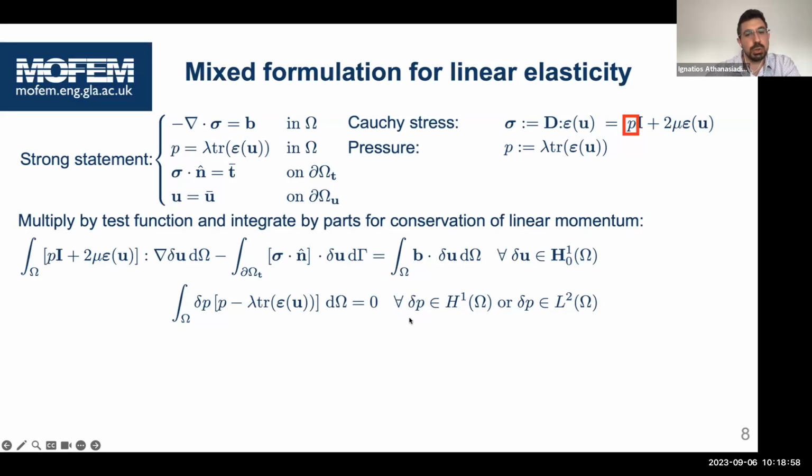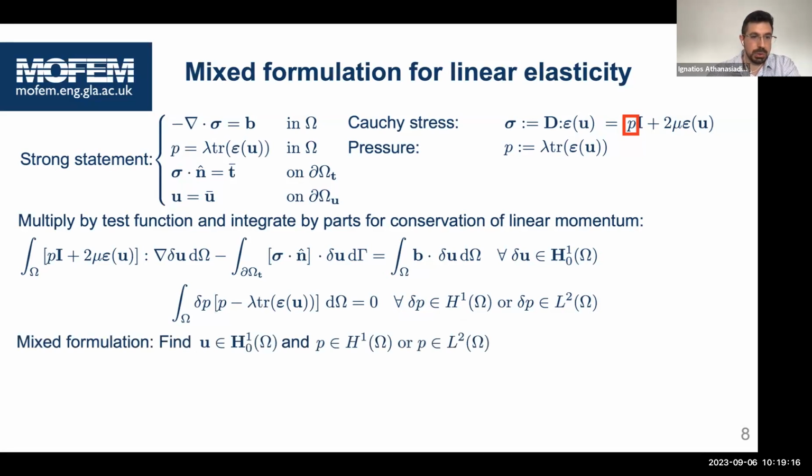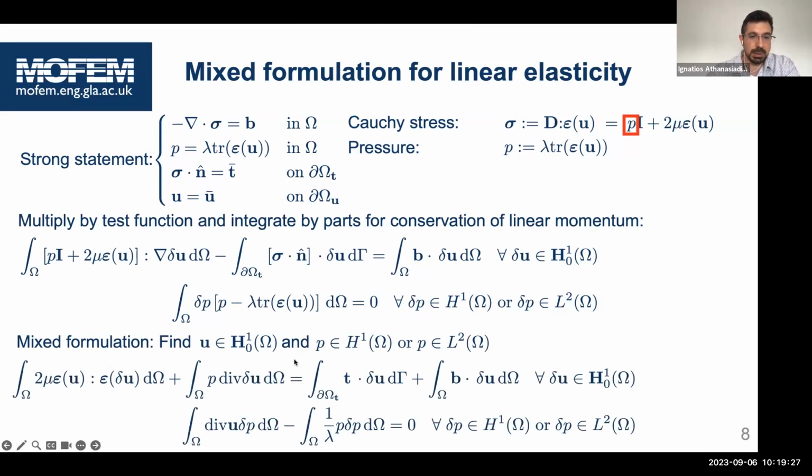And we can have a choice between H1 and L2. Depending on which choice we make to test the second equation, we would have a different flavor of the mixed formulation. So the statement for this mixed formulation is to find a U and P, with P either in H1 or L2, such that this system of equations is fulfilled.